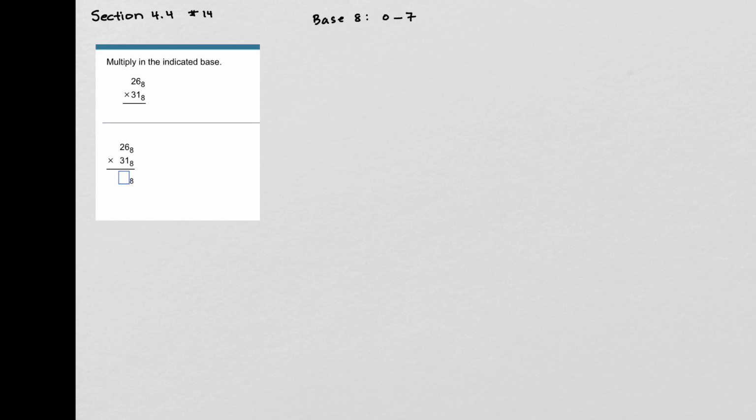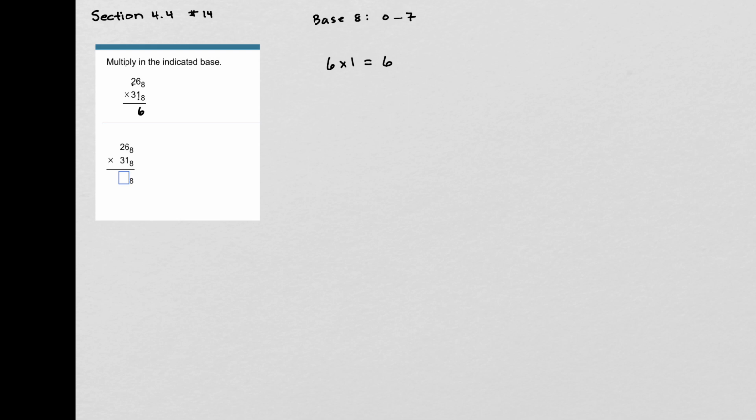I know I can only use digits from 0 through 7, and we're going to multiply that by 31 base 8. So I start with 6 times 1, and that is 6. It's a base 8 number, where it's a digit we're allowed to use, so I just bring that down and move on to the next one.